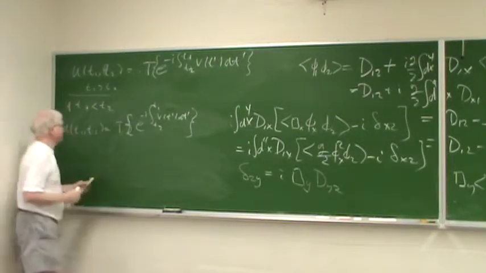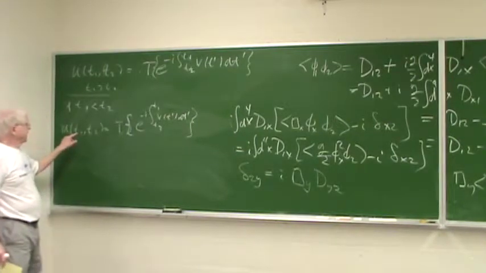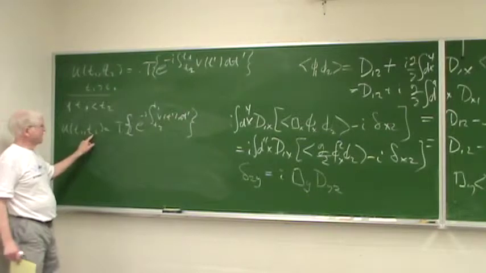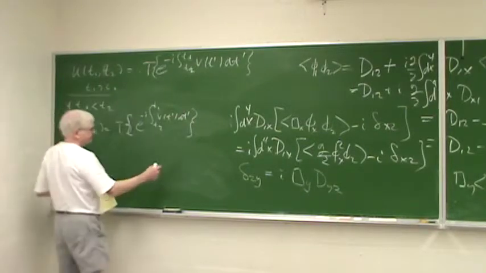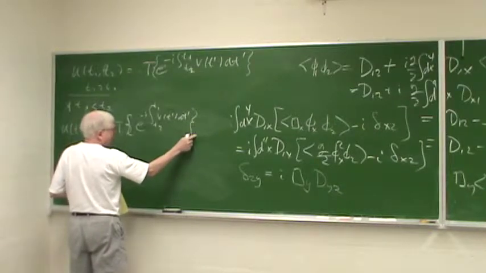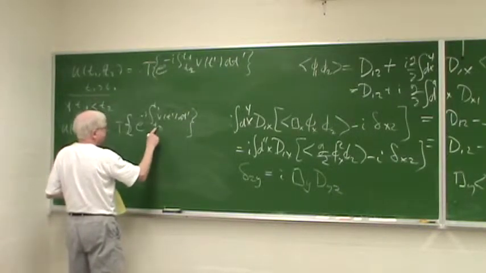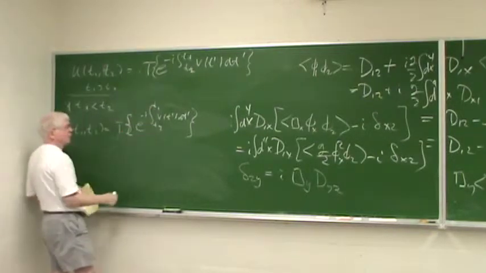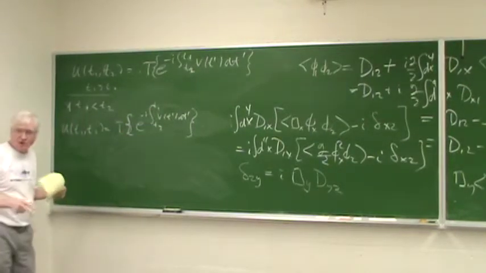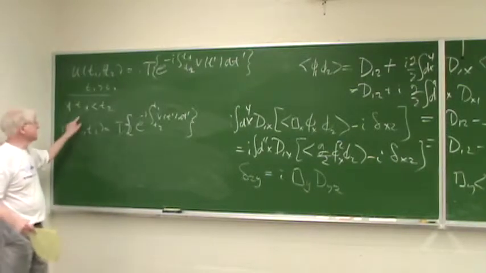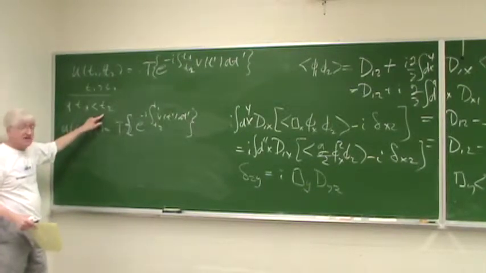But now he does the time ordering so that the ones closer to t2 go on the right, and the ones closer to t1 go on the left, even when t1 is less than t2.